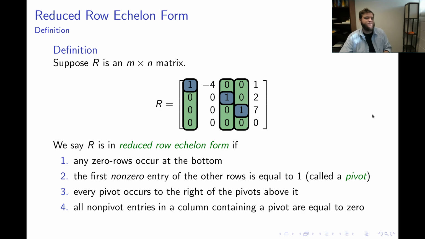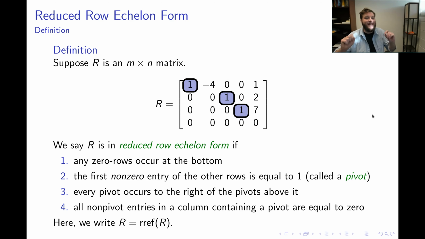And the same goes for the third pivot column. So all 4 of our rules pass for this specific matrix. So this matrix is in reduced row echelon form. One way to write this notationally is you write R equals RREF of R. Great. So let's look at more examples to see if we can intuit these 4 rules.